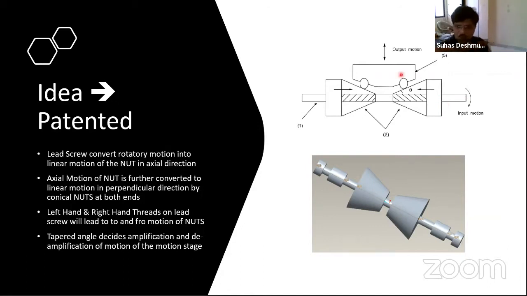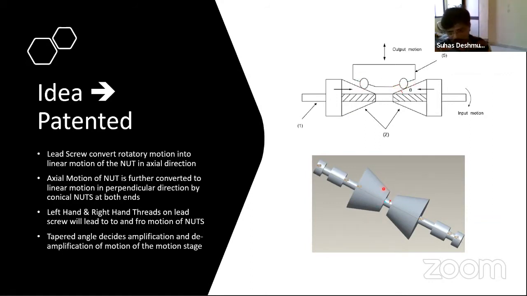Due to that, if I rest a certain stage, this is the stage, it will generate a perpendicular motion. That motion is decided by how much these nuts traverse towards or away from each other. Now I can put this on a spring-loaded system, so that the rollers mounted for the stage are continuously attached to it.